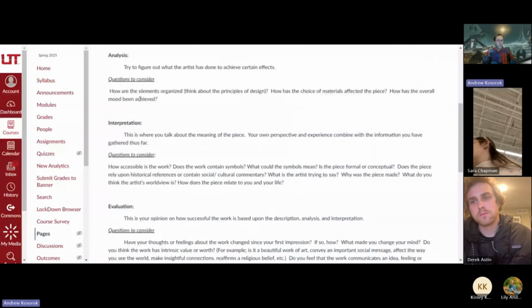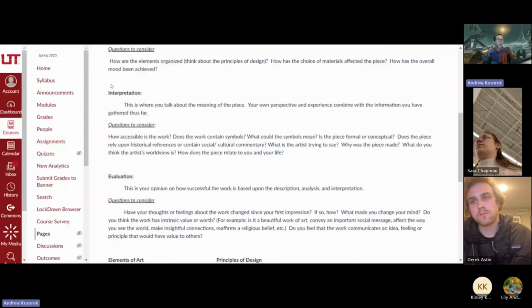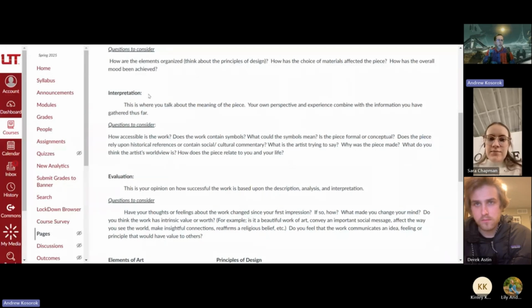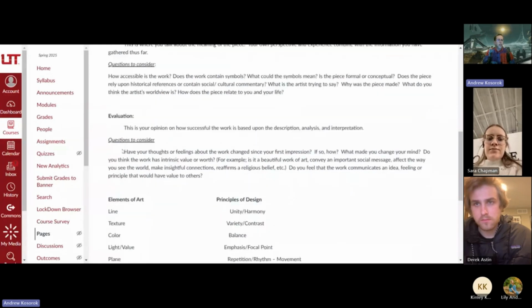In interpretation, you're applying even more of your imagination, because now you're generating an imaginary perspective of who this artist might be, not as evidenced by the person, because you may never meet them, but by the evidence they have left behind. And then the evaluation is entirely your own personal judgment on this thing.